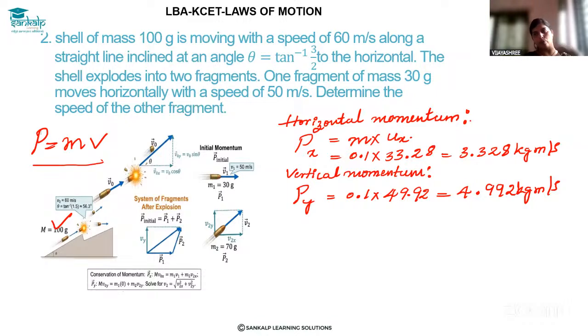Okay, so now we have to apply the law of conservation of momentum. What is it? The total momentum of the entire system is conserved. That is, initial momentum is equal to final momentum. Right? So we will apply the conservation of momentum in the x direction.